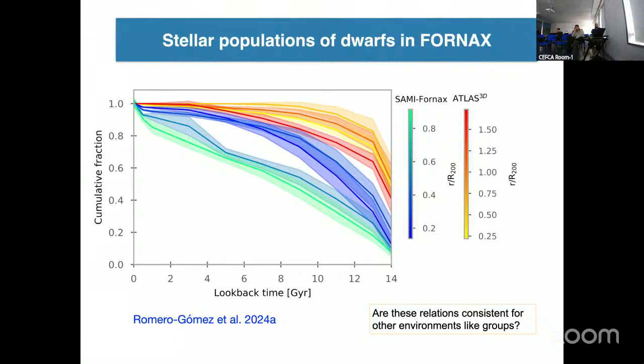Look at this, it's the opposite here. Galaxies located closer to the center of the cluster, Virgo or Fornax, have stars produced earlier than galaxies located in the outskirts of Fornax or Virgo. Okay, so the star formation histories of the galaxies depend on the position in the cluster.